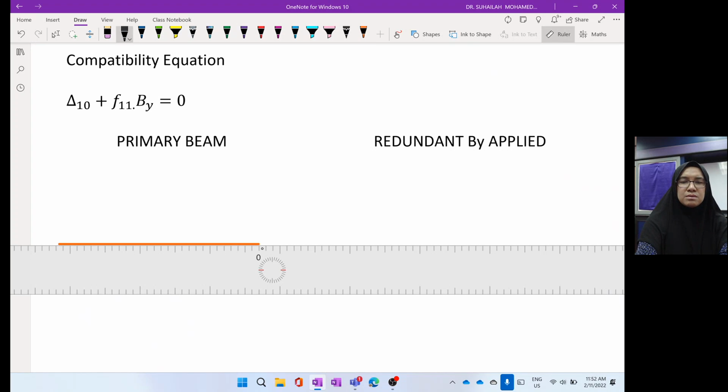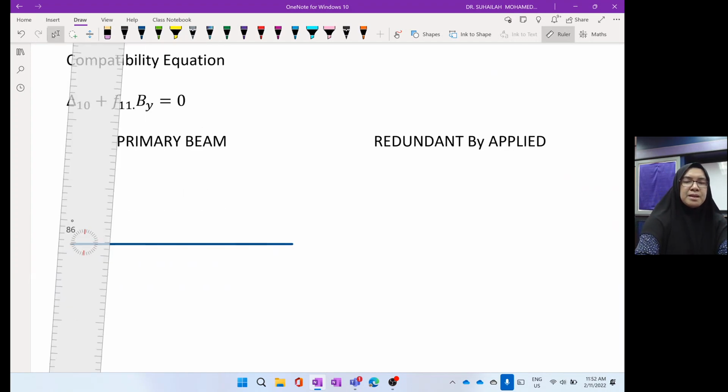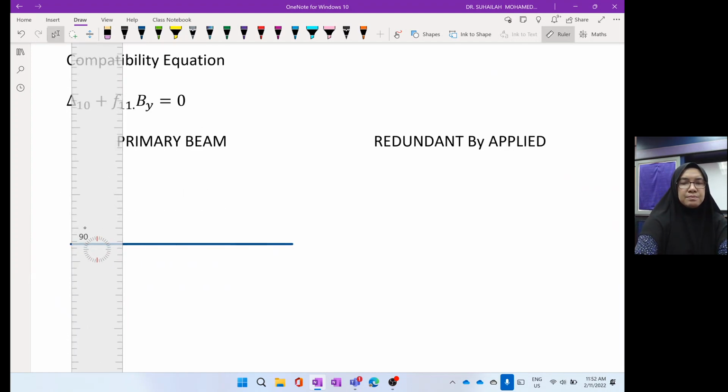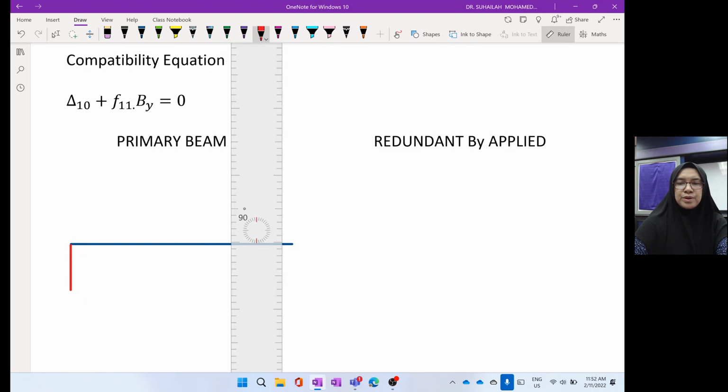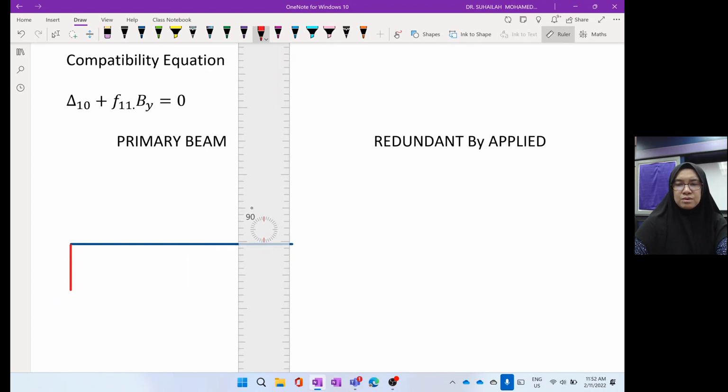Primary beam: pin at A, and the roller at B we remove.